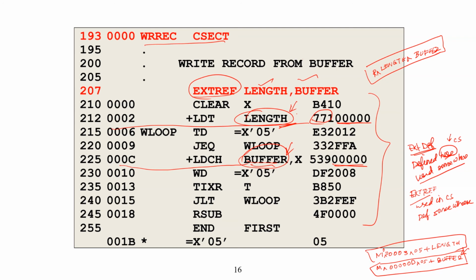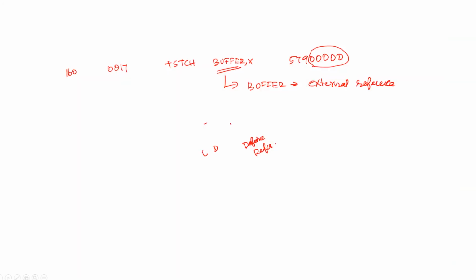So in program linking, we have discussed external definition and external reference. Then we have discussed the define record, then the refer record, and a slight modification in the modification record.